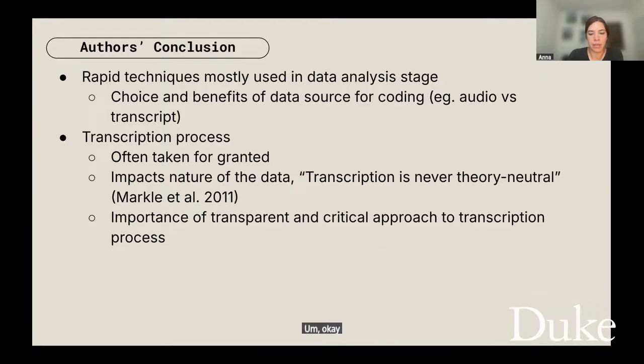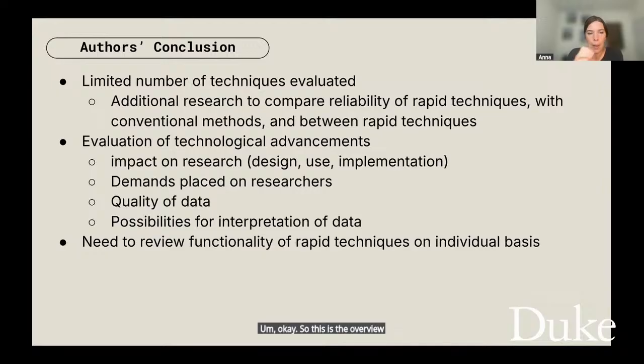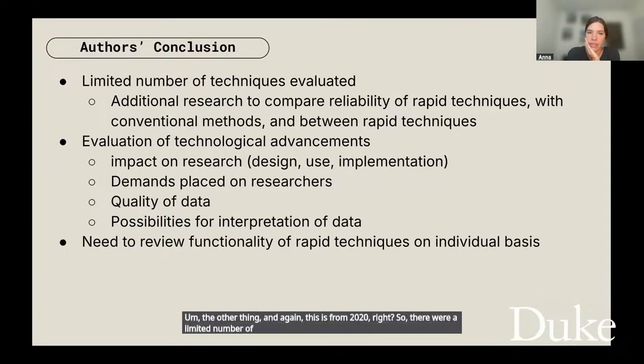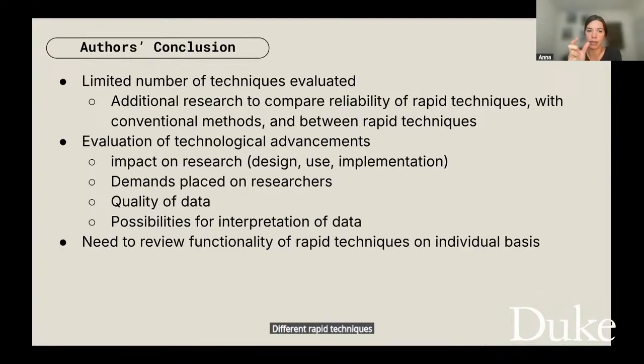Okay, so this is the overview. The other thing, and again, this is from 2020, right? So there were a limited number of techniques evaluated, and they really would like to have additional research to compare not only the reliability of the rapid techniques with the conventional methods, but also comparing different rapid techniques to each other.